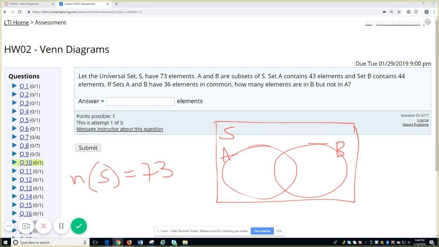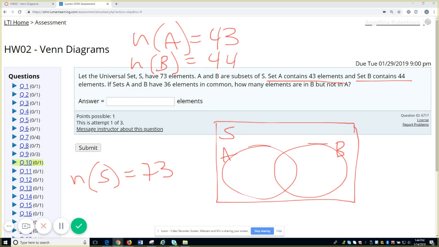Okay. And it says that set A has 43 elements. The cardinality of A is 43. And set B contains 44 elements. So the cardinality of B is 44. Now, when we talk about the cardinality of A, for instance, that means the 43 elements total.